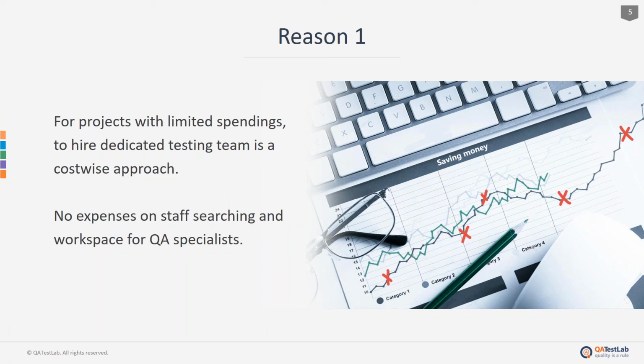So just imagine how many hours the recruitment manager, technical lead, and you will spend reviewing CVs and interviewing the candidates. I think it should be much more than you have in your testing estimation. Instead, you select a provider of QA services based on reputation, experience, and specifics of tasks.